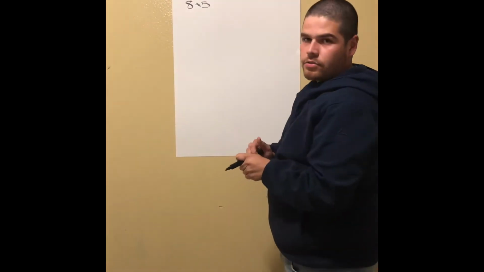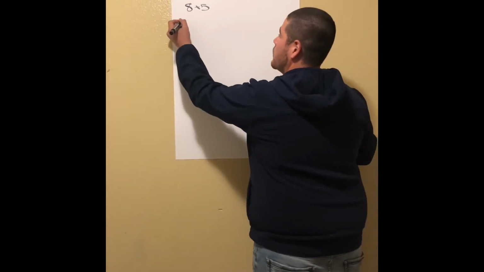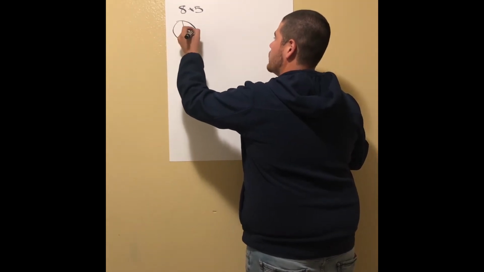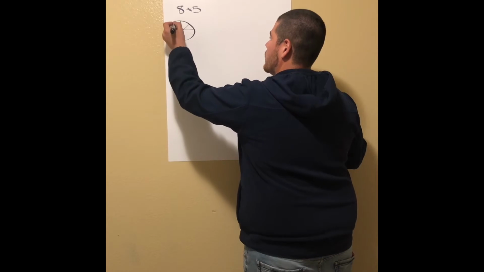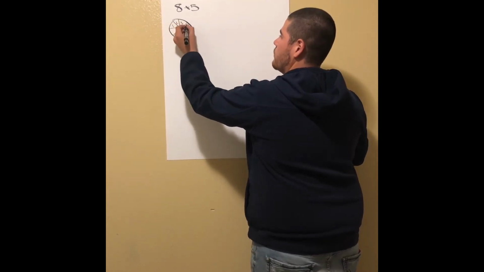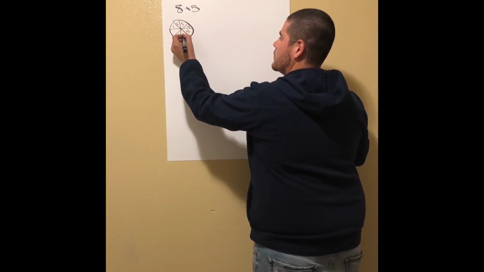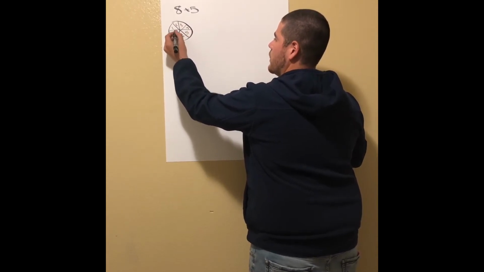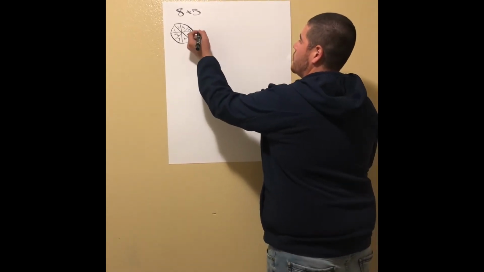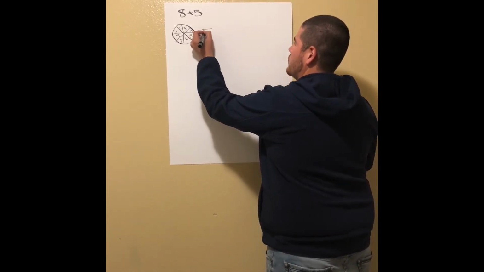We're going to go ahead and draw out our pizza here. Here's our pizza. And a box of pizza usually comes with 8 slices. 1, 2, 3, 4, 5, 6, 7, and 8. Correct? Now we're going to draw our slices here.